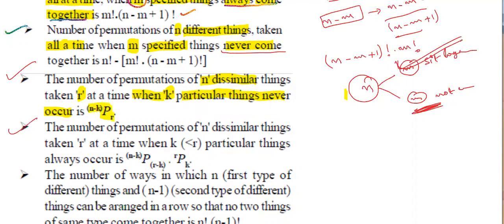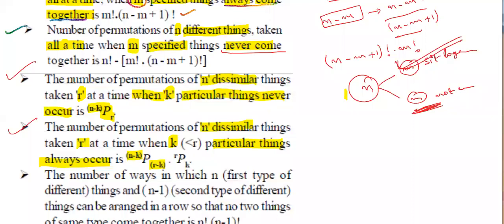Next formula. The number of permutations of n dissimilar things taken r at a time, when k particular things always occur. So those k particular things are always selected in that group, then we can arrange. Out of n things, subtract k things. Out of r, subtract k things, because those k things are always included in each and every group.